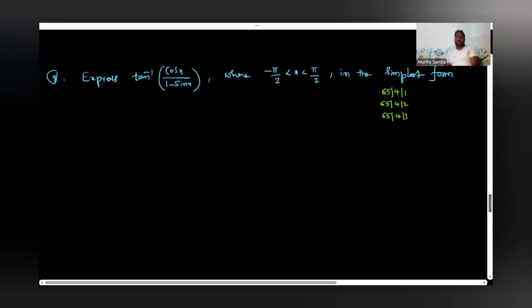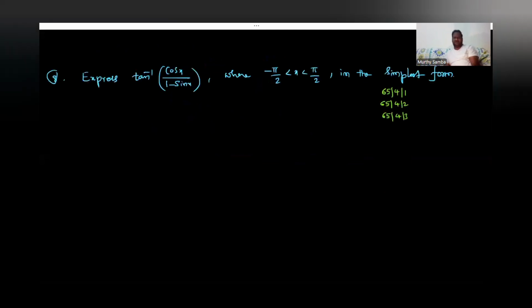See here it is. This kind of problems you have already done in trigonometric functions, even last year also, for cos x divided by 1 minus sin x. If you observe tan inverse of cos x by 1 minus sin x, I'm just writing this cos x and 1 minus sin x formulas.